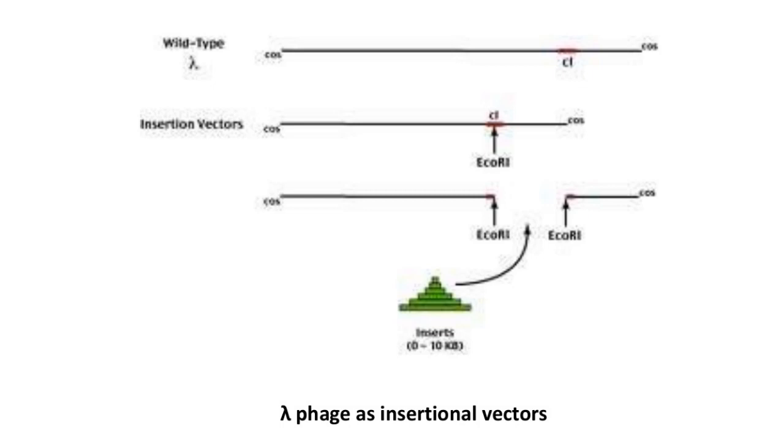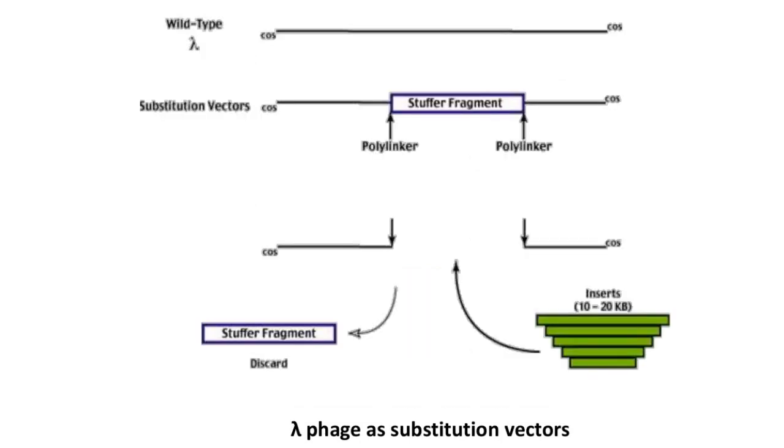Wild type lambda DNA contains an EcoRI site at the cI gene which can be digested and which can be used as cloning site for insertional vectors, which is shown here.